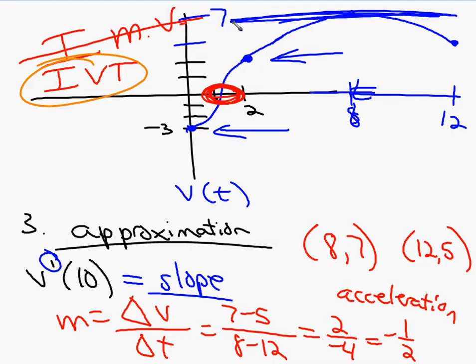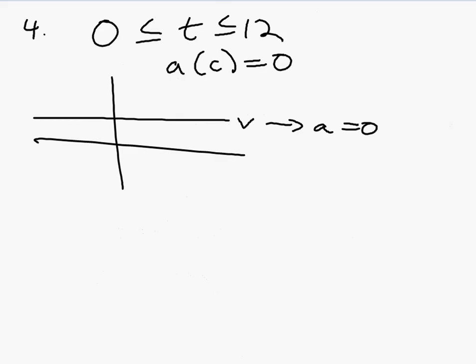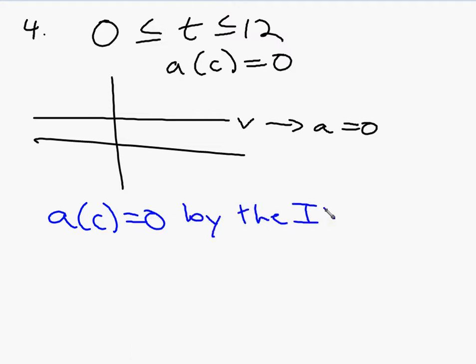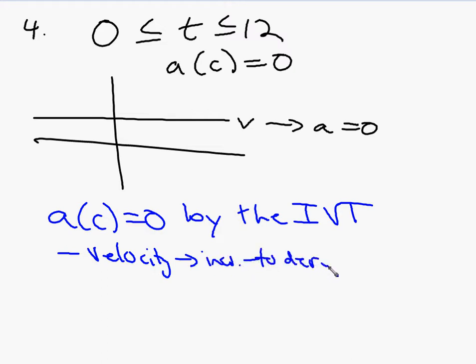Well, here I know that there has to be a place where the acceleration is equal to 0. A of c is equal to 0, again, by the intermediate value theorem, because the velocity went from increasing to decreasing. There had to be a place where it was equal to 0.